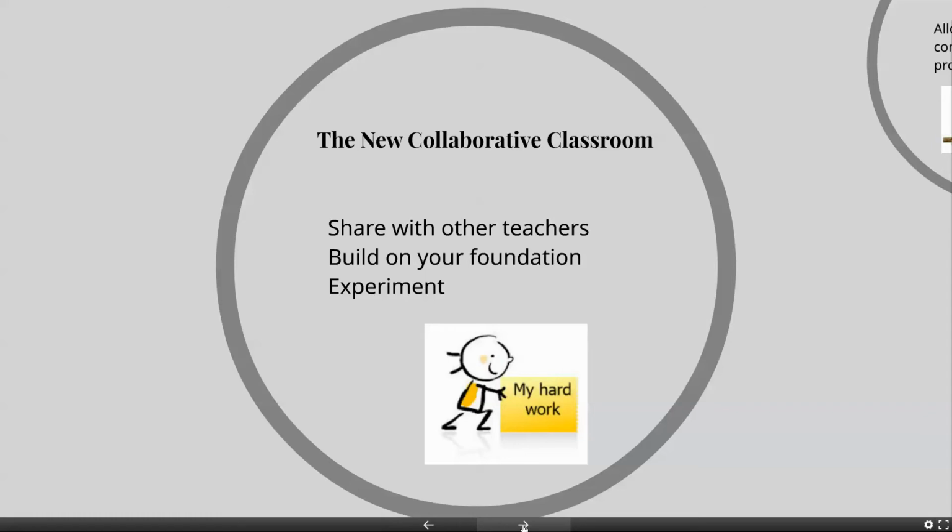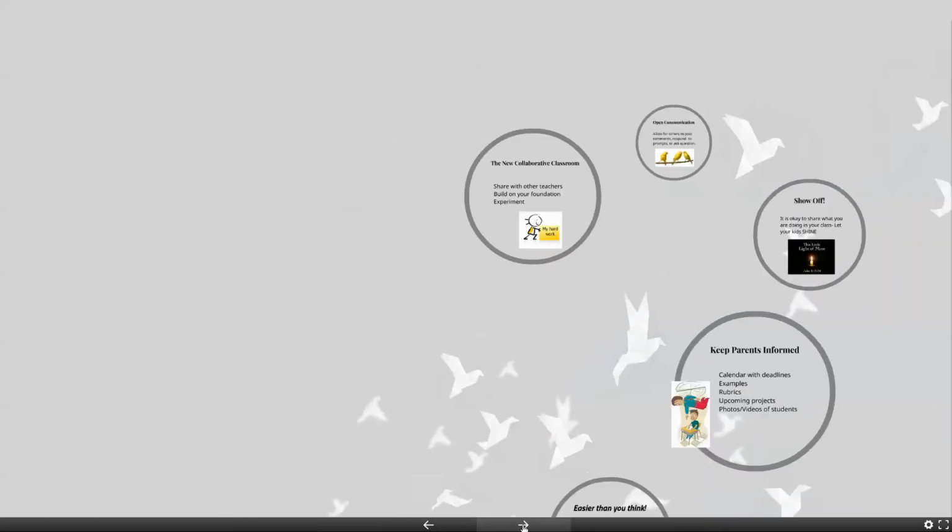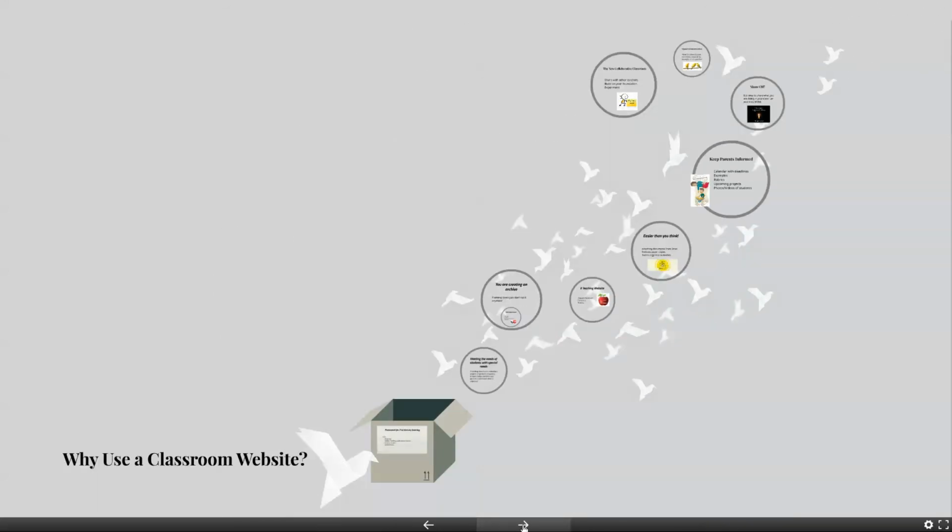But think about ways to show off what you're doing and keep your things in one area, because that website's not going to go away. It's just your new place to store things that are worth putting there. And when you don't want it anymore, you delete that part of it. So thinking outside the box, that's why you want to use a class website. And some of the great reasons why you want to try it out and give it a try.